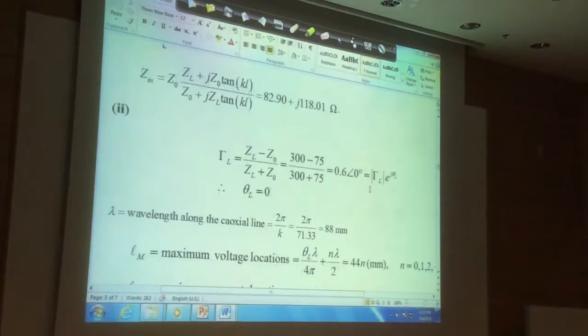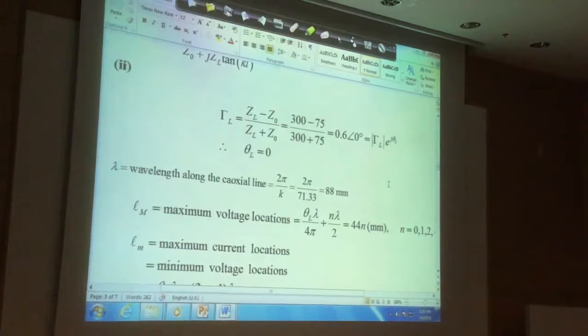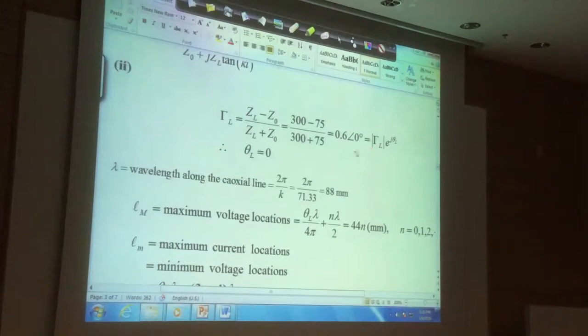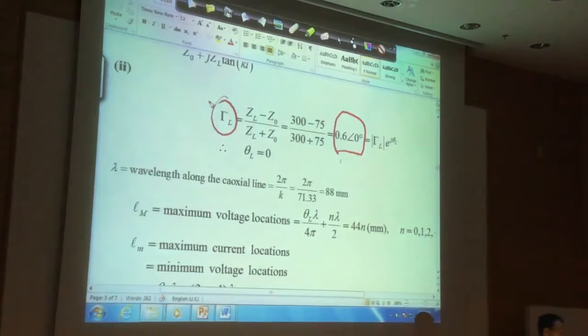You can use this equation for the maximum, right? Before that, you need to determine this reflection coefficient. Now the reflection coefficient at the load turns out theta L is 0.